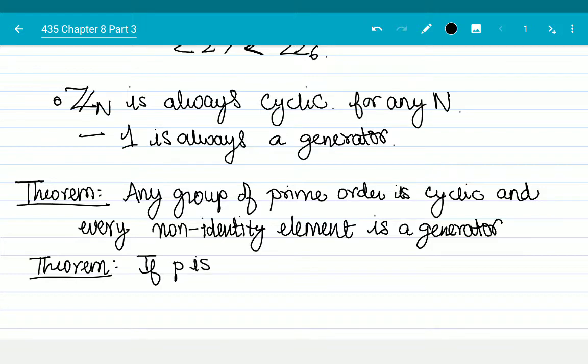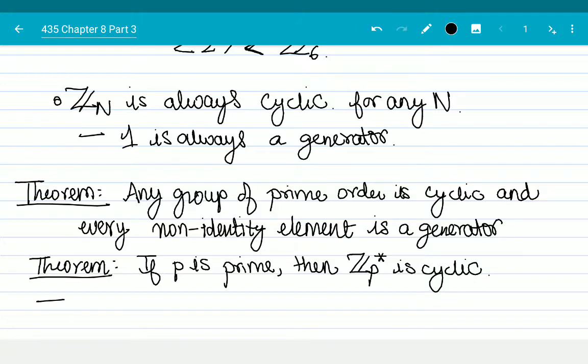If p is prime, then Zp star is cyclic. Okay.